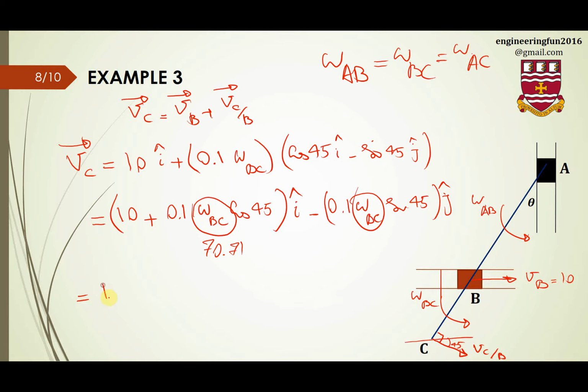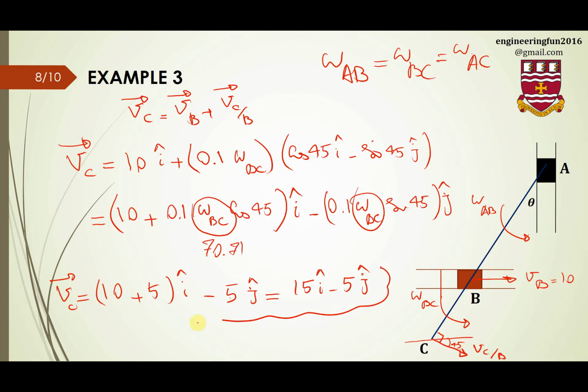So we're going to have 10 plus 5 I minus 5 J, so that will be 15 I minus 5 J. So that's the velocity of point C, which we were asked for.